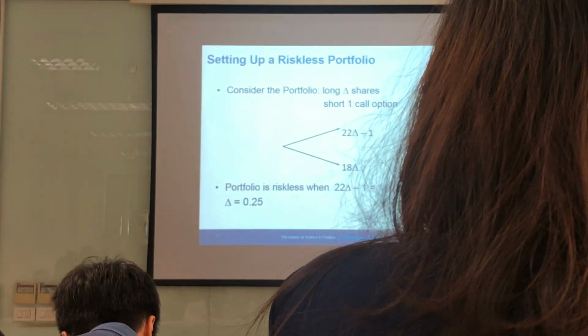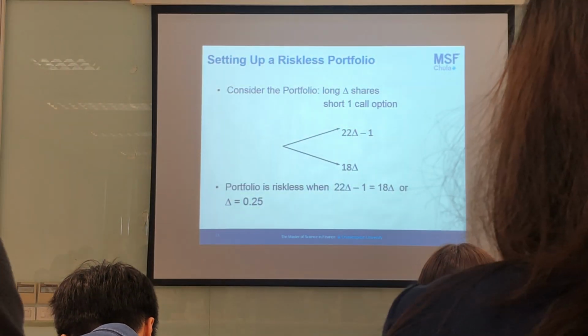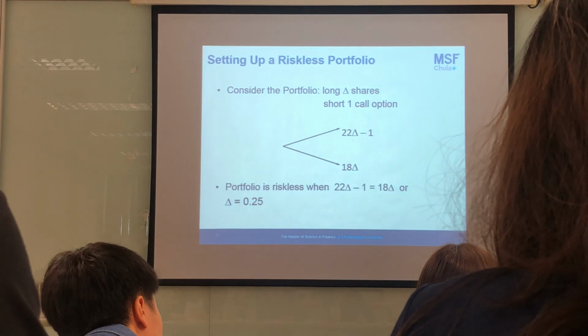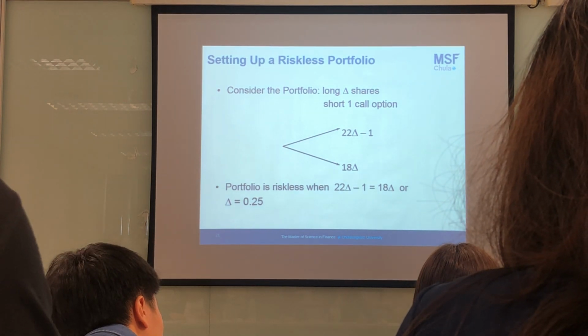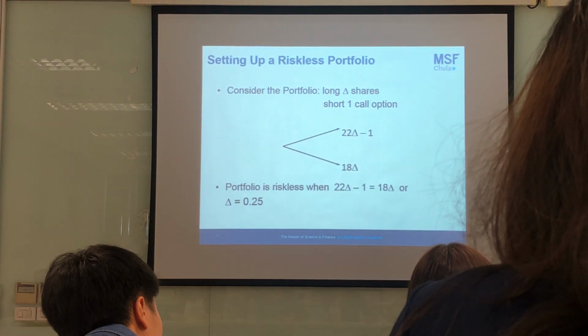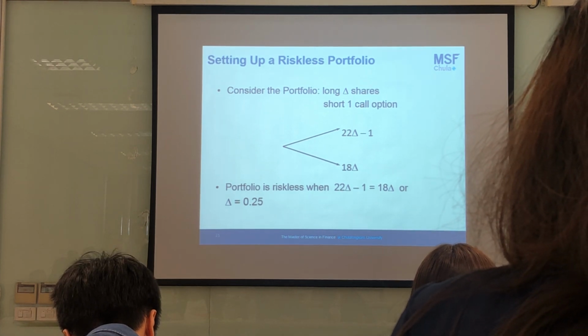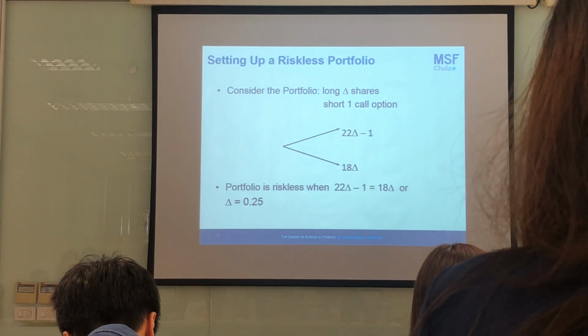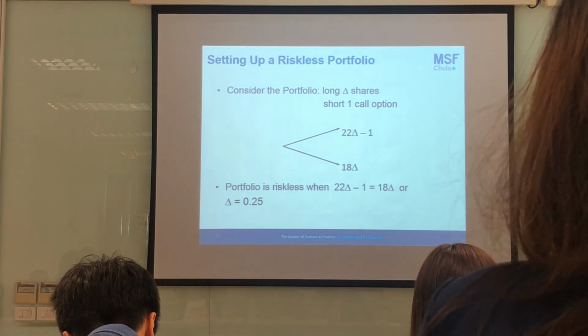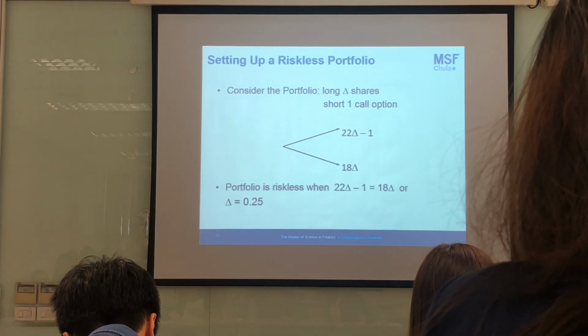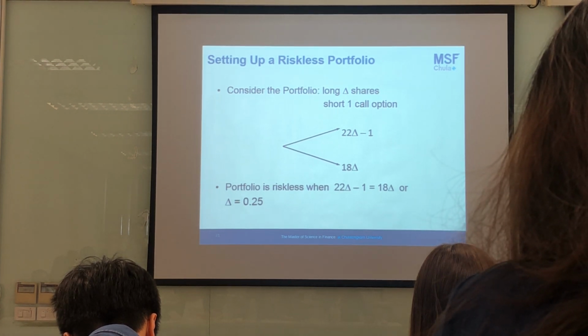Delta is an unknown variable, just think about it as a variable, the delta shares, and you short one call option. Your portfolio consists of a short one call option and a long position in some shares. Delta is the unknown variable.